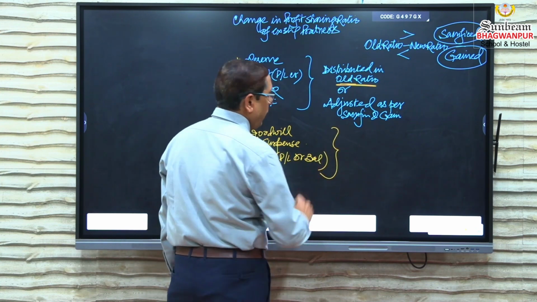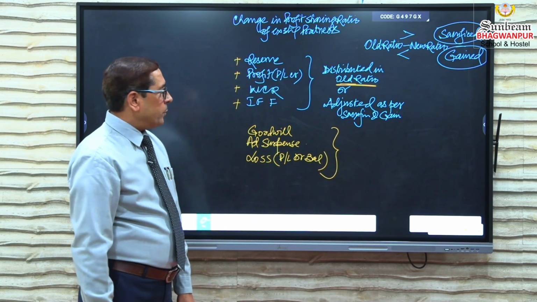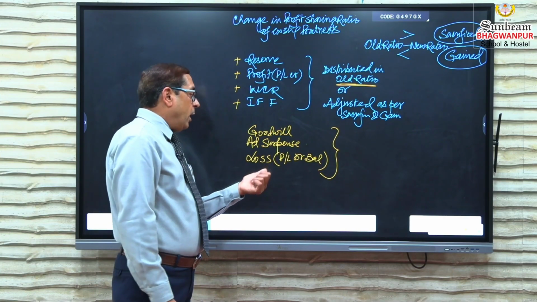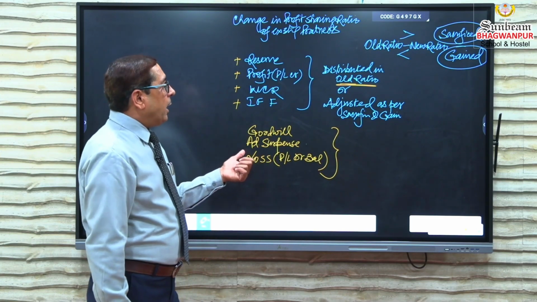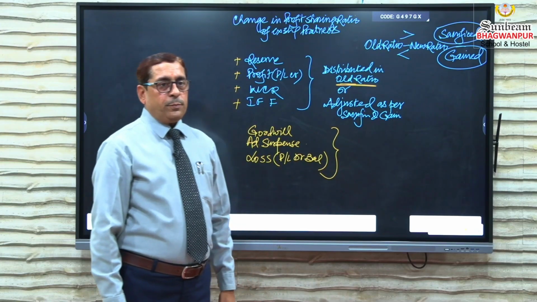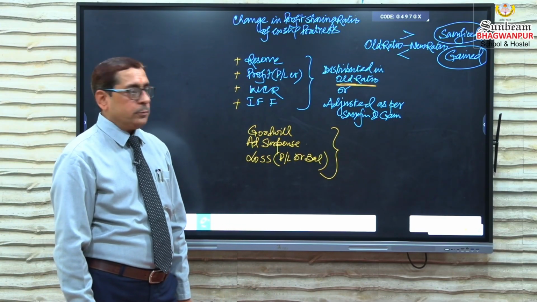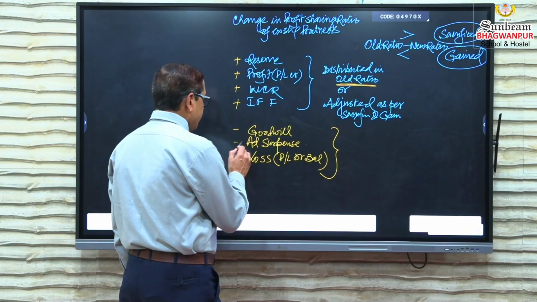Again, two options are available for this. Either these items are to be written off or they are to be adjusted. If you want to write off from the books of account, they are the negative items.